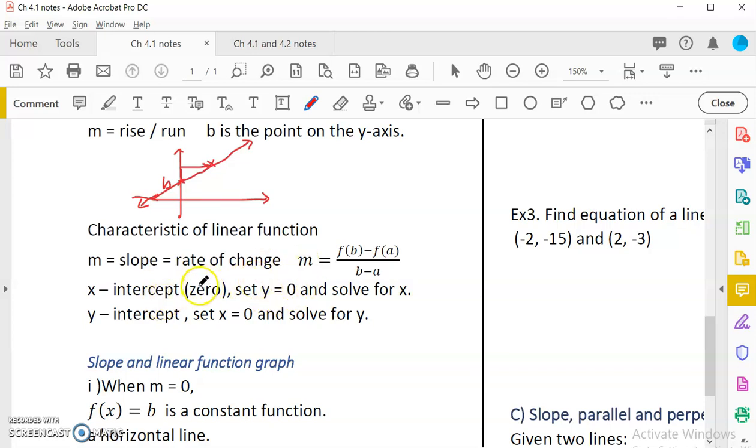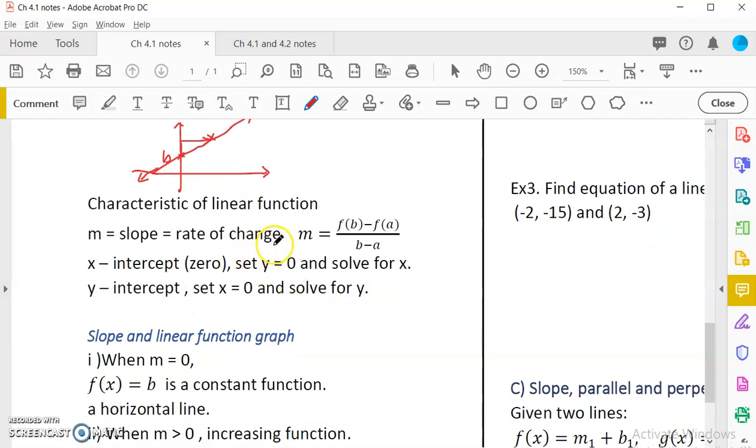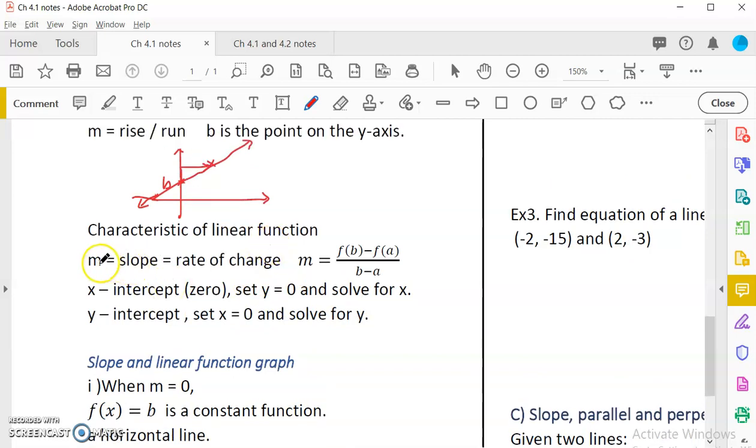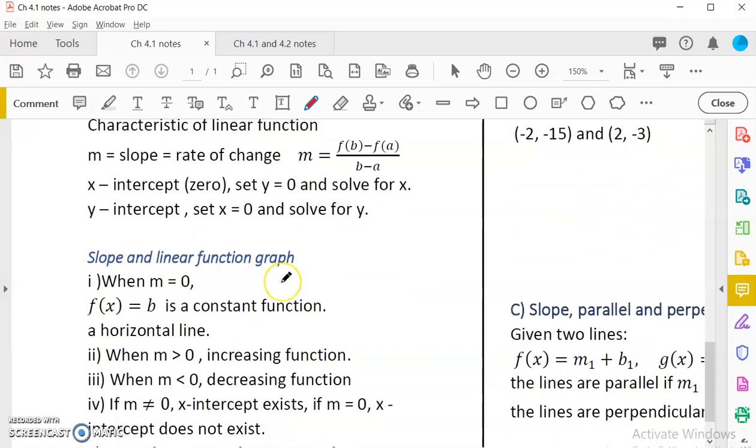The x-intercept is also known as the zero of the function, and then you solve for x. There should be a y-intercept, which is actually in the equation, so you set x equal to 0 and solve for y. We'll do an example later, but for every linear function, you always want to find the slope, the x-intercept and the y-intercept.